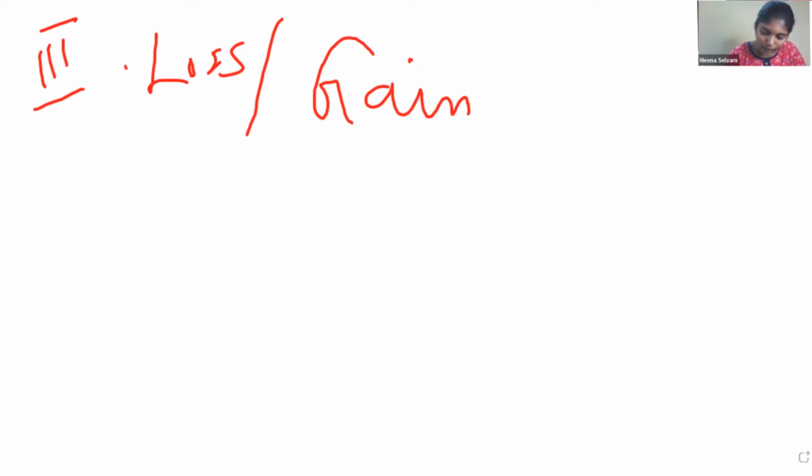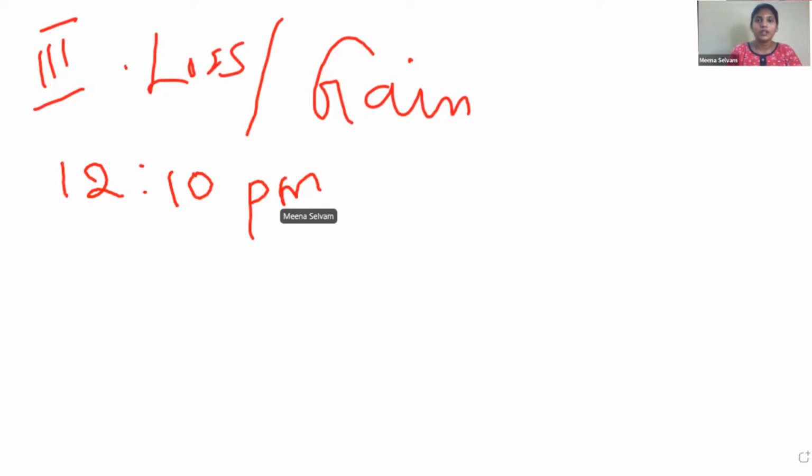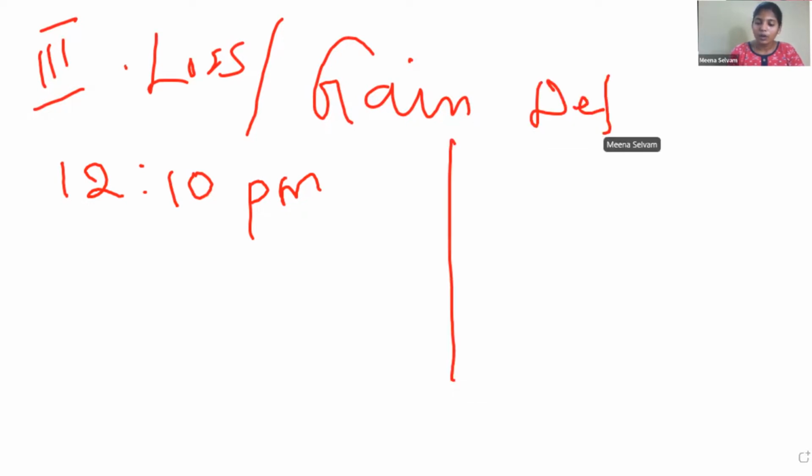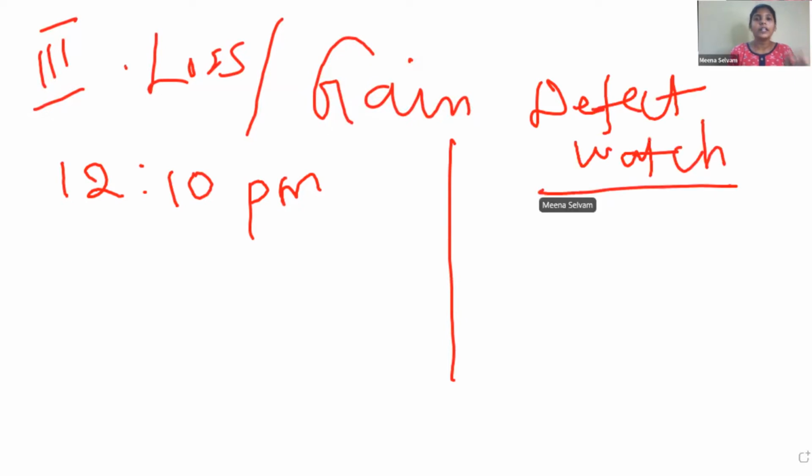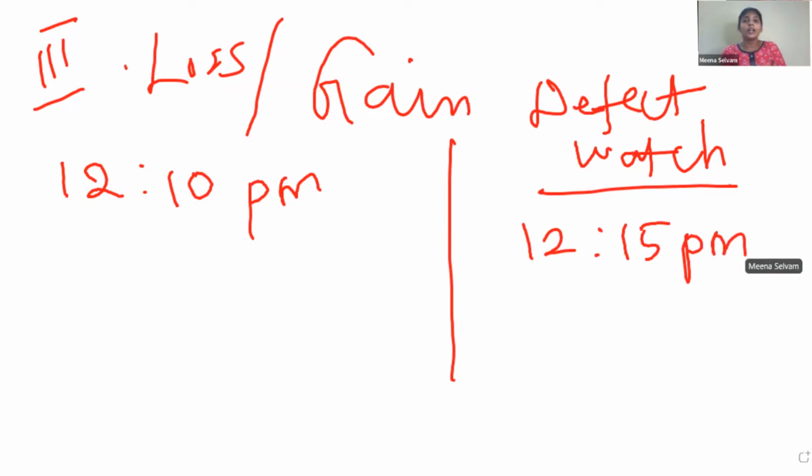If it is like 12:10 p.m. in your normal correct watch, and your defect watch, let me write here as defect watch, shows the time like 12:15 p.m. So what do we understand here is this defect clock has gained 5 minutes because it is moving faster. It runs faster.